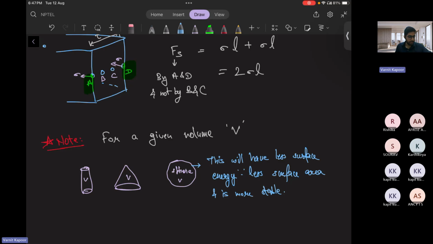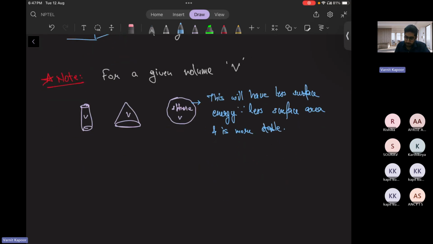Therefore bubbles and droplets are in spherical shape.